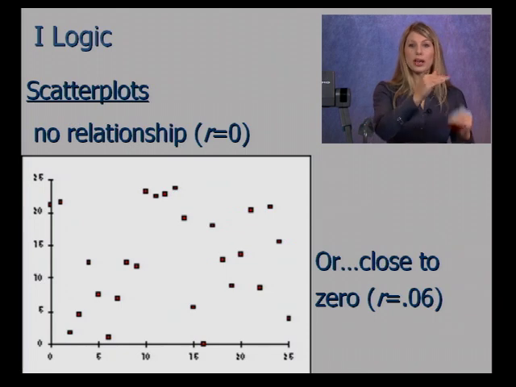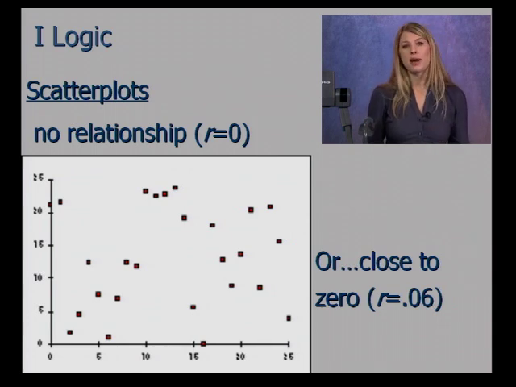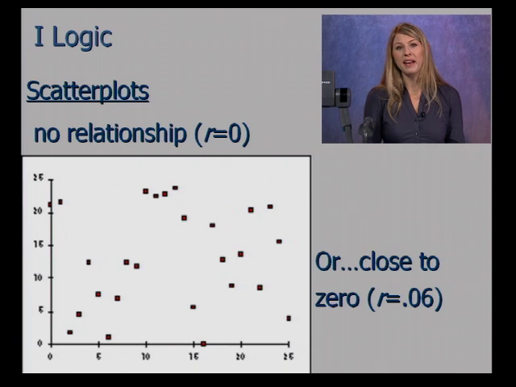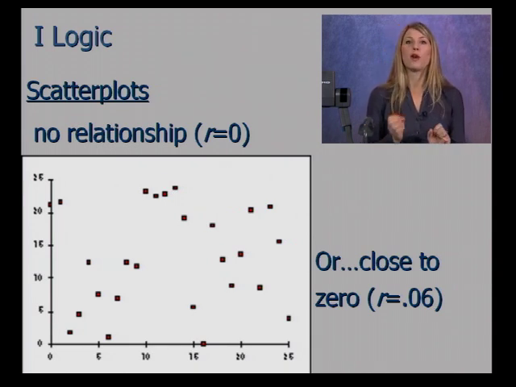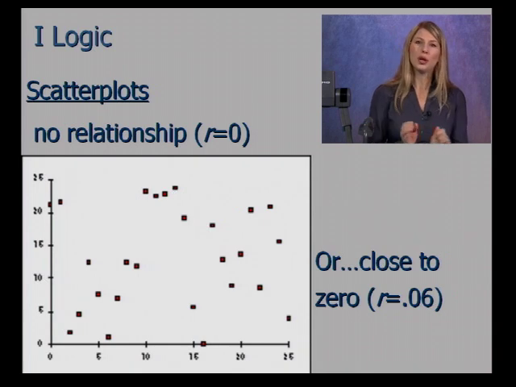Or if they score low on X, it's a whole range of scores they could get on Y. So there's no relationship, and no relationship between two continuous variables is represented by a Pearson's R of 0. But like I told you, we never get a +1 or a -1 when doing real research. So you probably aren't going to get a perfect 0 when you calculate R either. So I say no relationship is 0 or close to 0.